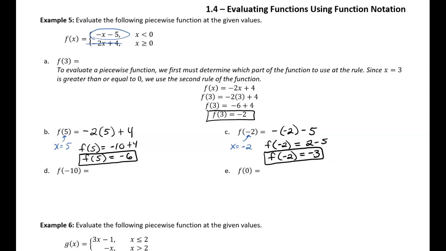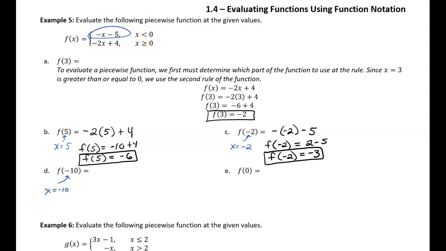Two more. Part D, we have f of negative 10. So x value is negative 10. Which of the two rules we have will I use for this problem? I can only use one, right? The x value will only ever fall into one of these rules. So x equals negative 10 looks to be the first one because negative 10 is less than 0.